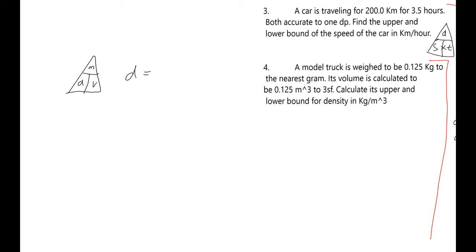So density equals mass over volume. As before, D up equals M up over V lower, and D lower equals M lower over V up.